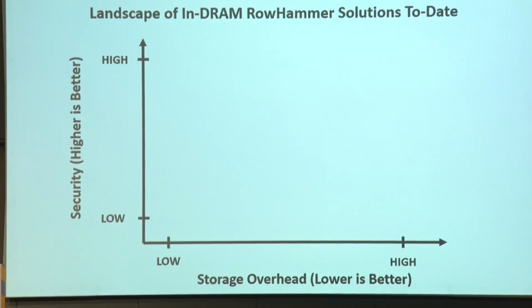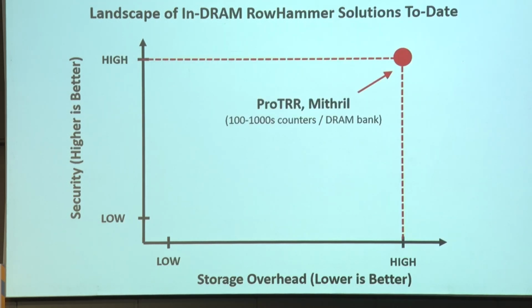So now that we understand refresh, let us look at the landscape of in-DRAM Rowhammer solutions. First, we have secure in-DRAM mitigations such as ProTRR and Mithril. These require thousands of counters per DRAM bank. And as the Rowhammer threshold decreases, the storage overhead for these techniques increases.